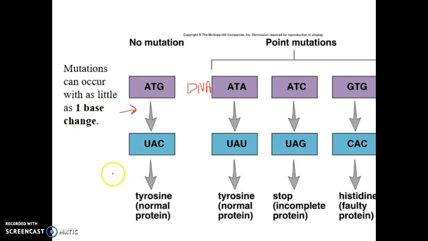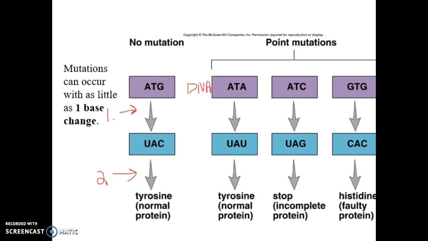The RNA is then down here, we'll call it step 2, translated. So step 1, step 2. DNA gets transcribed into RNA. RNA gets translated into an amino acid. Tyrosine is an amino acid. So there's your normal code.